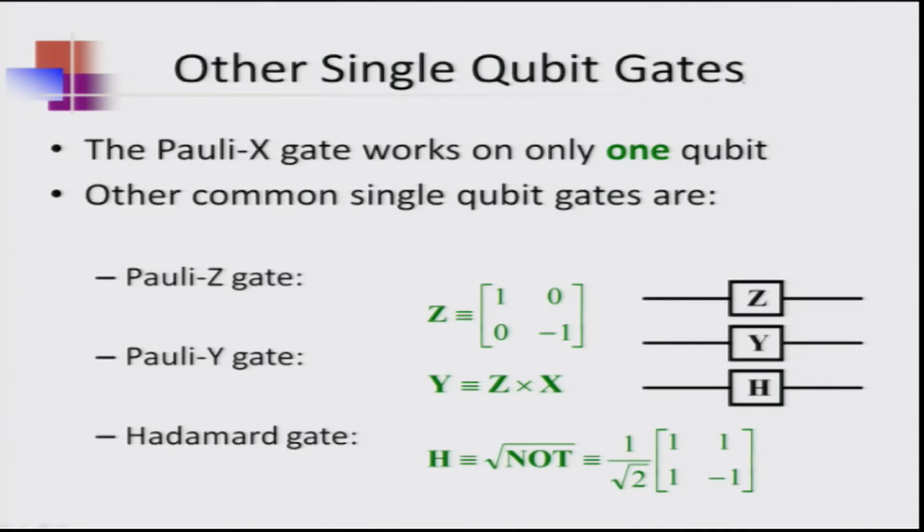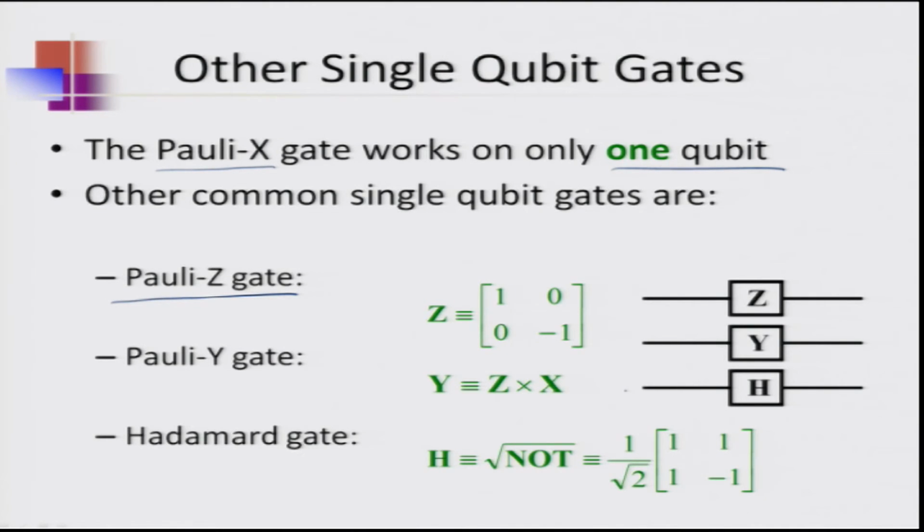So, let us look at another important single qubit gate. This was a single qubit gate because we just used one qubit. The Pauli X gate works on one qubit. The other common single qubit gates are the Pauli Z gate.